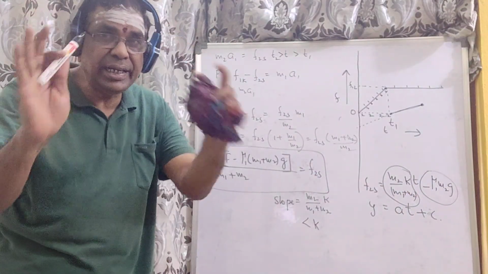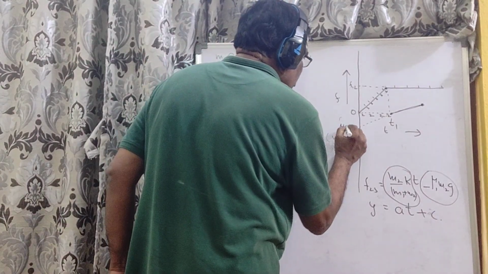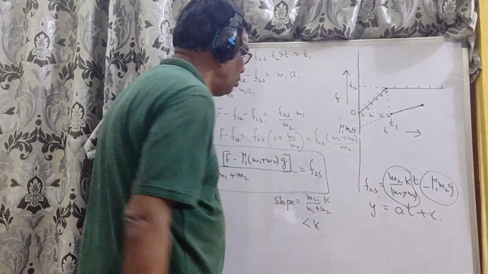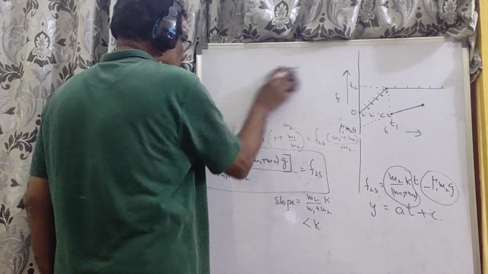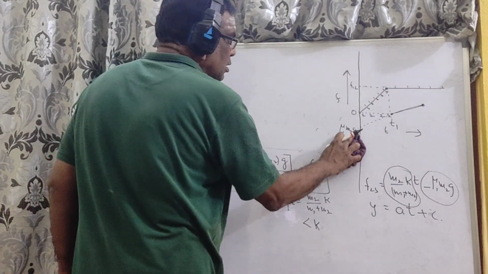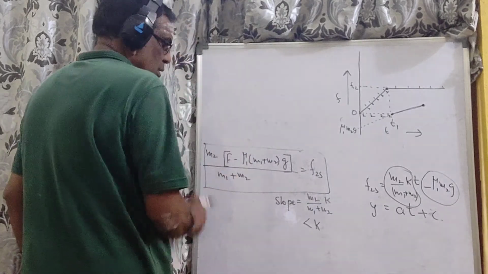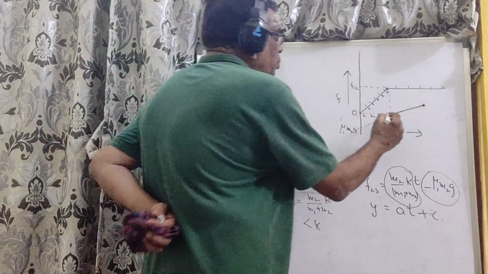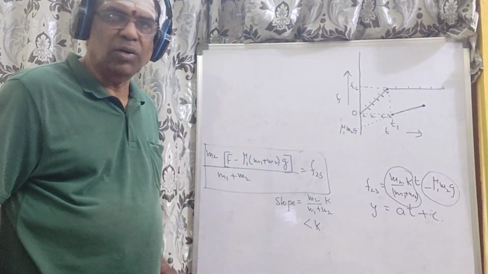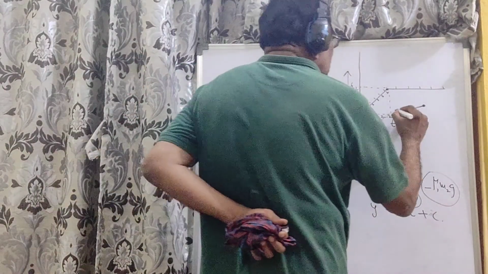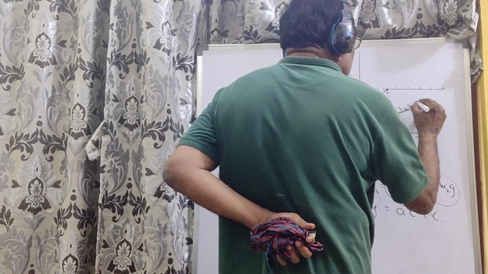They may ask anything in the exam. So, this value is mu1, mu2. I am going to erase this part so that it won't be confusing for you. Right. Okay? So, slope is less than this. I hope you got it. Now, this is 2, 2, 2, but static.